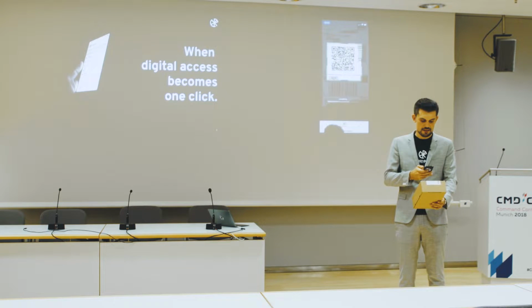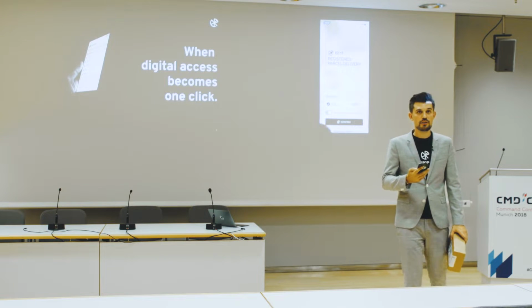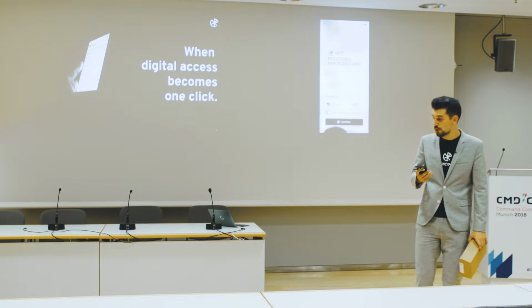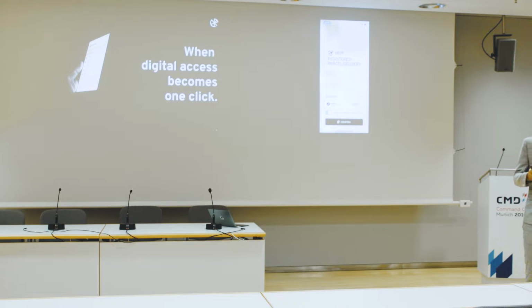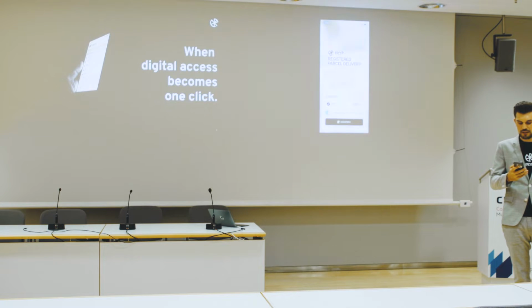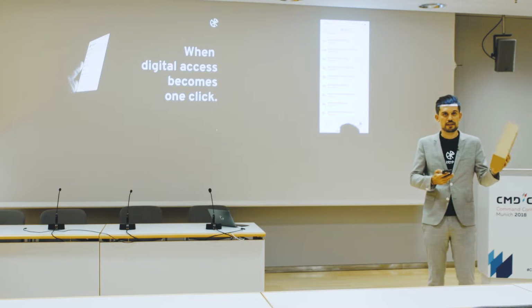And I scan it. What you can see now is that I already verified my ID card once here, and that I can use it from now on. I just have to confirm it and authenticate myself with my face in this terminal, and I got the parcel.